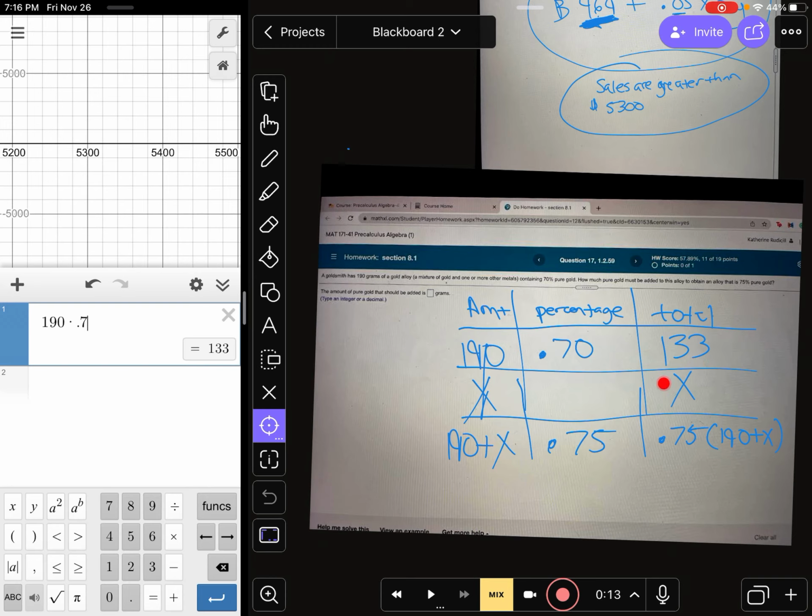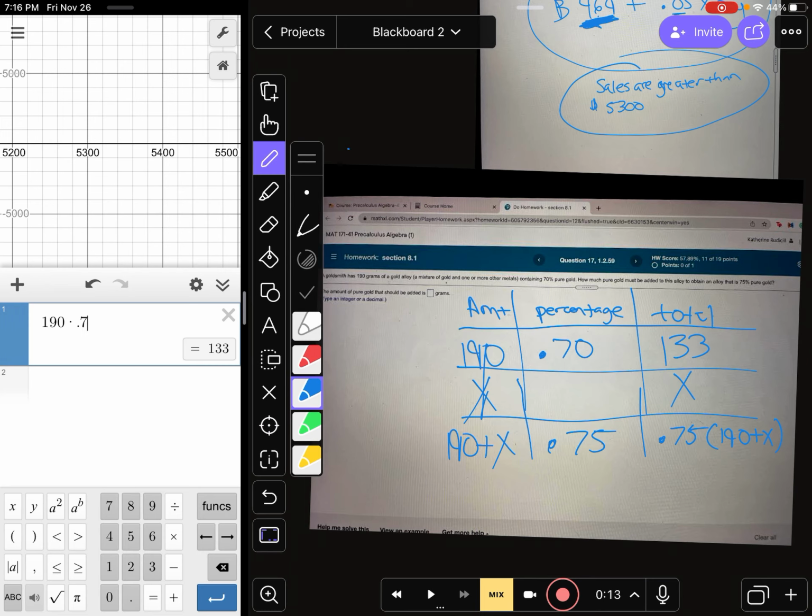He added X grams of pure gold. So 133 plus X has to equal this, which is how many grams of pure gold is in his final mixture. So 133 plus X equals 0.75 times (190 plus X).